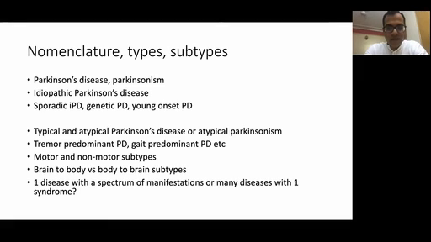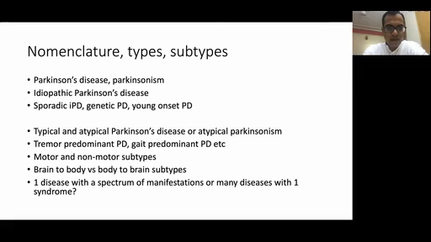genetic Parkinson's disease. We also have a nomenclature called young onset Parkinson's disease, typically used for less than 40 years, but some people wish to push it a little bit further up till 50 years of age because it has slight differences in management as well.